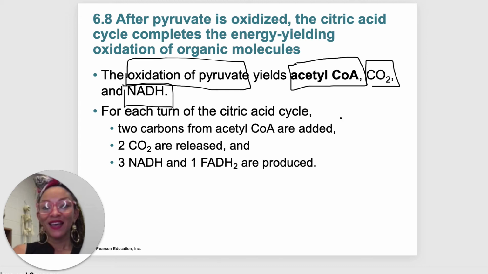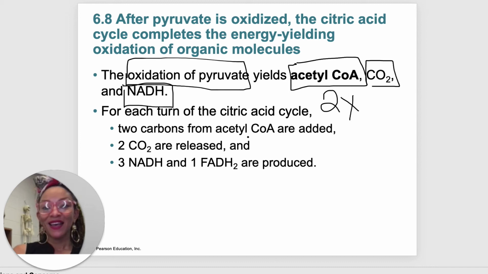Okay, so the citric acid cycle typically occurs 2 times. When our pyruvate is oxidized to acetyl-CoA, we're going to get 2 acetyl-CoA molecules. So we have to get 2 complete turns of the citric acid cycle, 1 for each acetyl-CoA molecule.